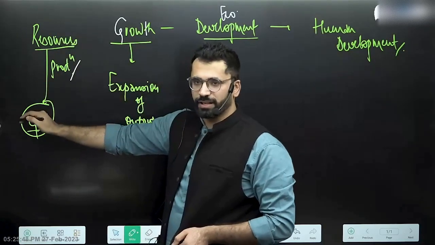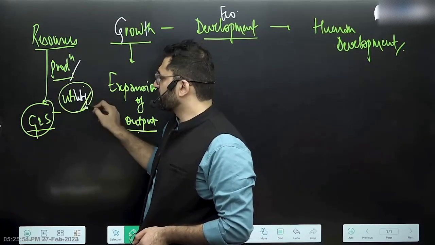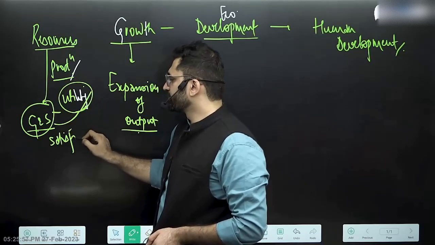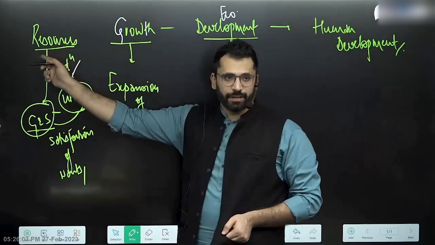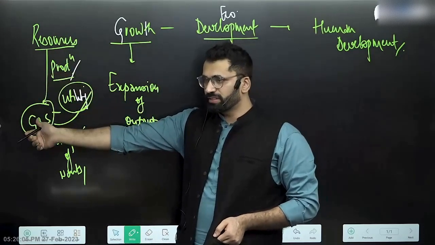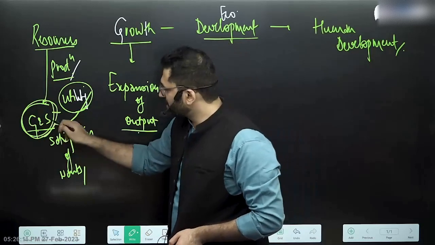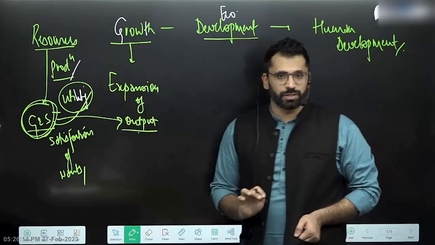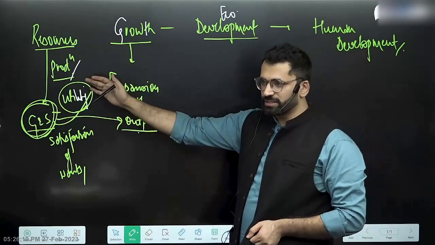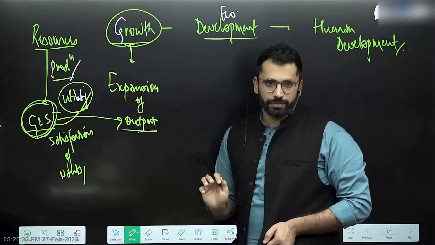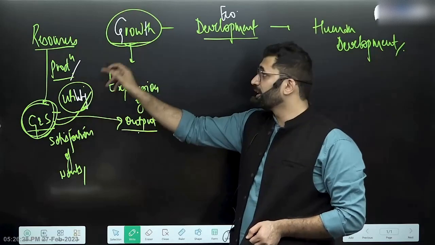Converting resources into final goods and services, which is nothing but creation of utility, which is nothing but satisfaction of wants. Resources are limited. We convert them into goods and services which provide us utility or satisfaction of wants. Measuring this is what our output, that is GDP, is. If we expand to more goods and services, this is what we call growth. Expansion of these goods and services, that is expansion of utility in monetary terms, is growth.